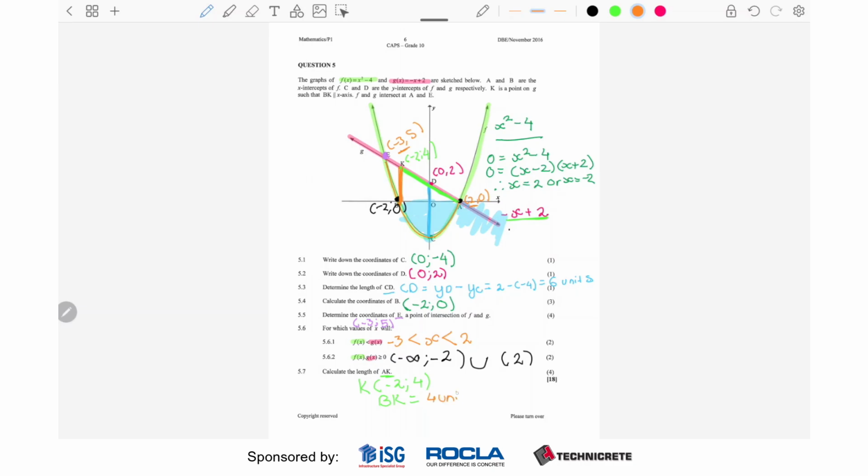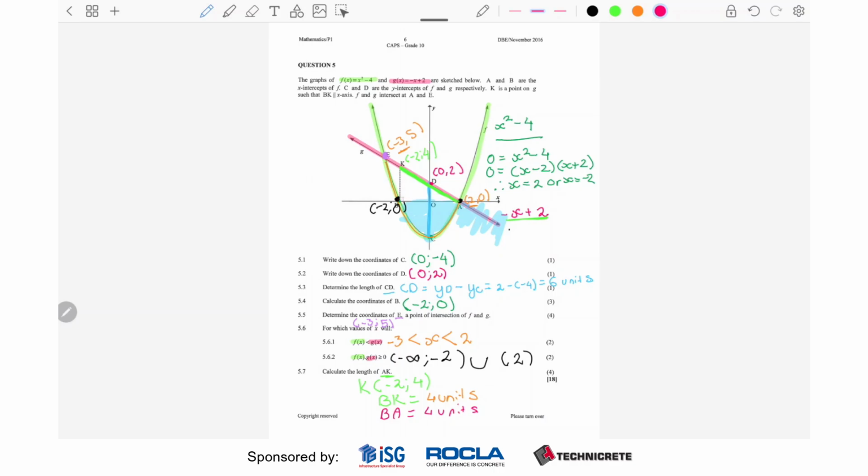So therefore BK is 4 units. The length of BA, which is here, will be, AB is 2 minus negative 2, which is 4 units.